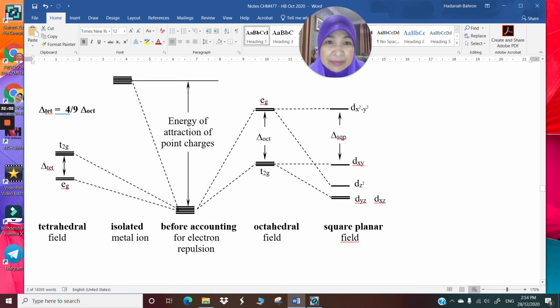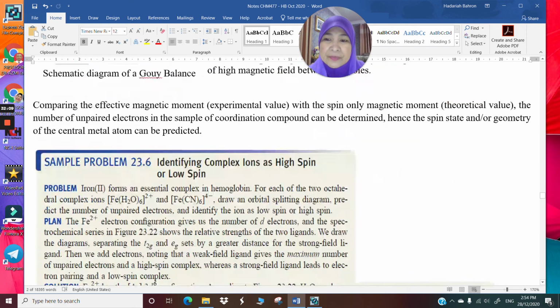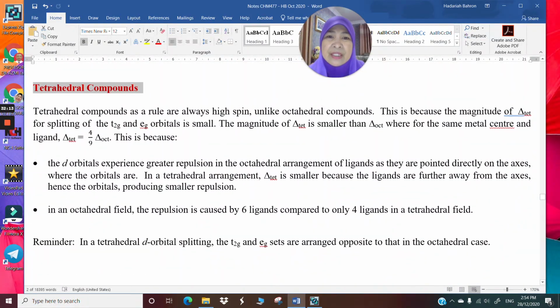After all 5 are filled, then they start to pair up. So that is why all tetrahedral compounds have high spins.